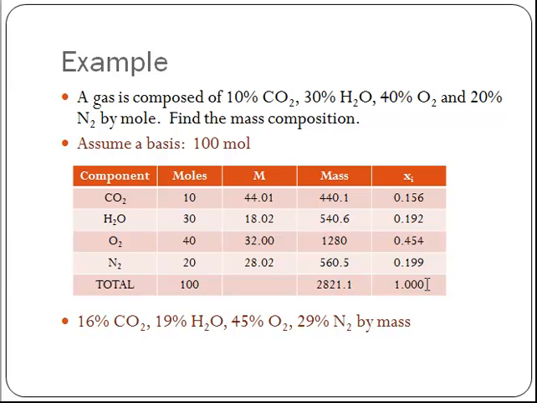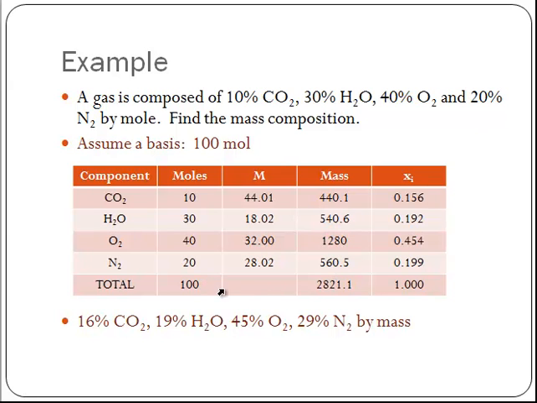So don't get too worked up about it unless the error is over in one of these other digits. But as long as it's in the last place I was tracing, I consider that to be close enough. Now, this is my mass composition for my substance, and it's different than my mole composition.